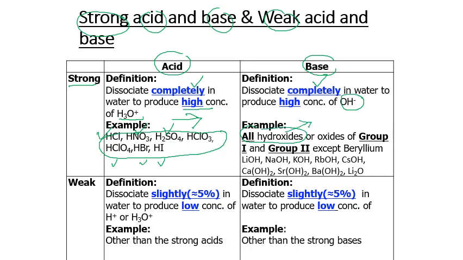If you can see from the chemical formula that there is OH negative, or oxide with the formula O2 negative, for group 1 and group 2, except beryllium, then all of these are strong bases.